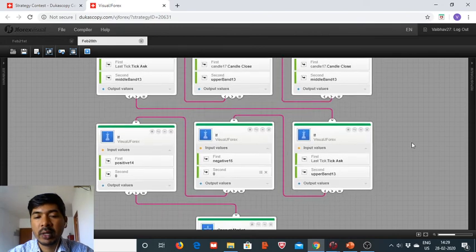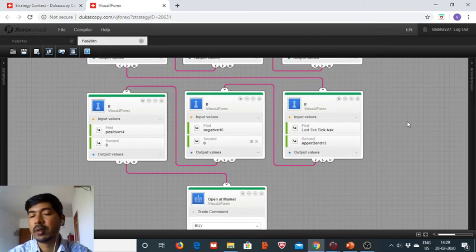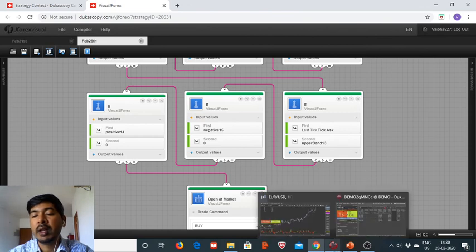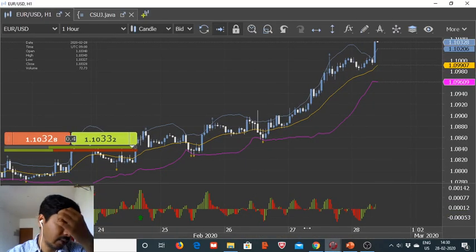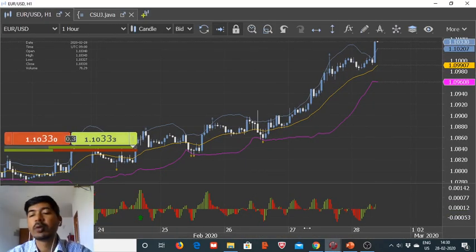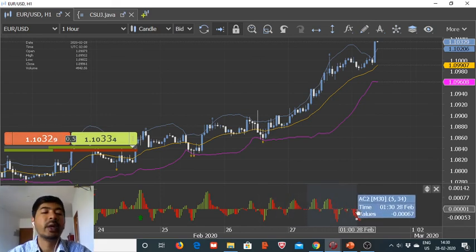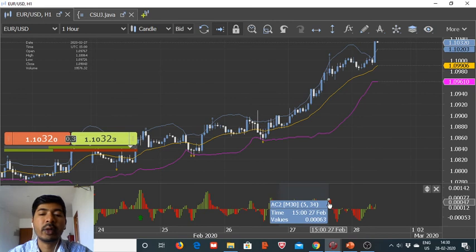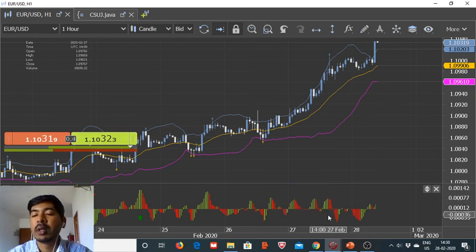And then we want to make sure that the trade is only executed when the momentum shifts from one side to another. So we have brought in this negative value. At any point in time, the AC2 is either giving a positive value or a negative value. If the value is negative, then the positive value is at 0, and when the AC2 is in the bullish zone, there is no negative value, it's 0.